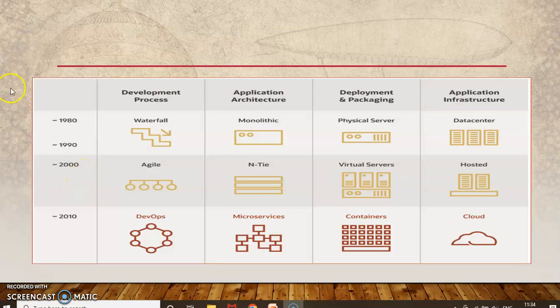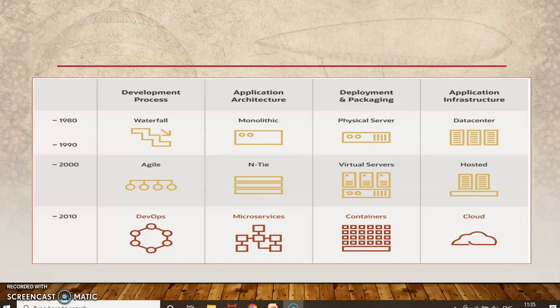And finally, if you look at this diagram, it shows how we have evolved over the years: the 1980s and 90s, 2000, 2010 onwards. In the 80s and 90s there was the waterfall model and monolithic applications. It's not component based, it's hardwired, in the sense you had procedures and functions.